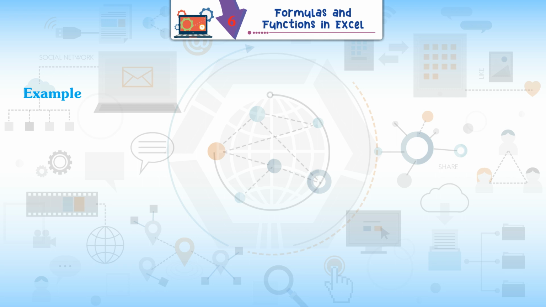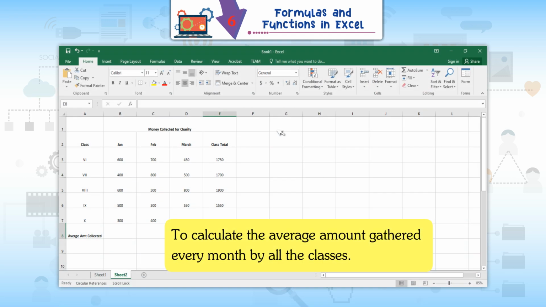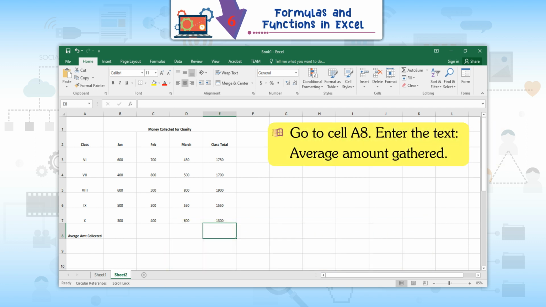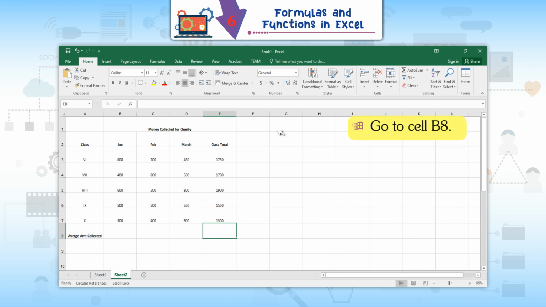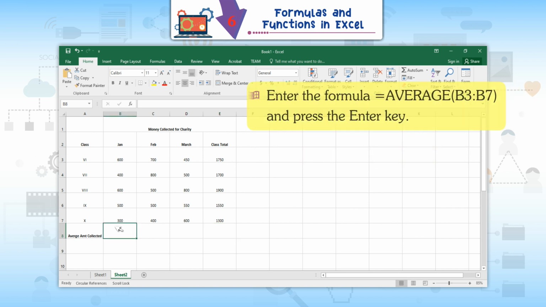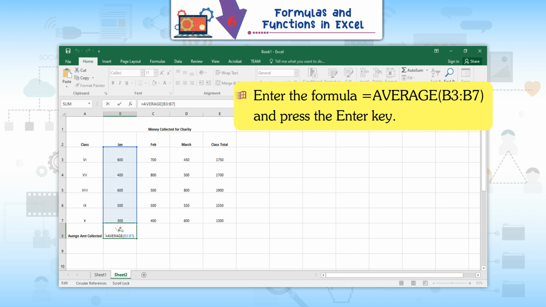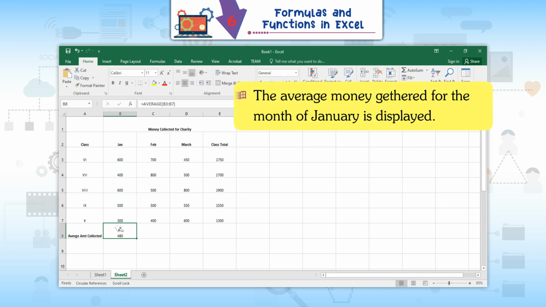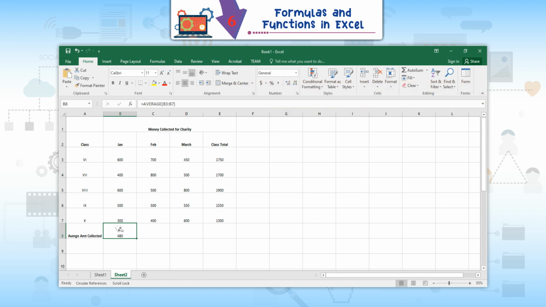Example: to calculate the average amount gathered every month by all the classes, go to cell A8, enter the text average amount gathered. Go to cell B8, enter the formula =AVERAGE(B3:B7) and press the enter key. The average money gathered for the month of January is displayed.